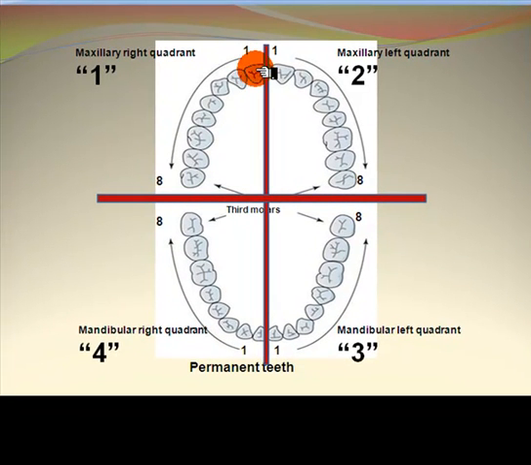The central incisor being 1, lateral being 2, canine is 3, first premolar is 4, second premolar 5. The molars are numbered from 6 to 8. The first molar is 6, the second molar is 7, and the third molar is 8. And all the numbers from the other quadrants go the same from 1 to 8.